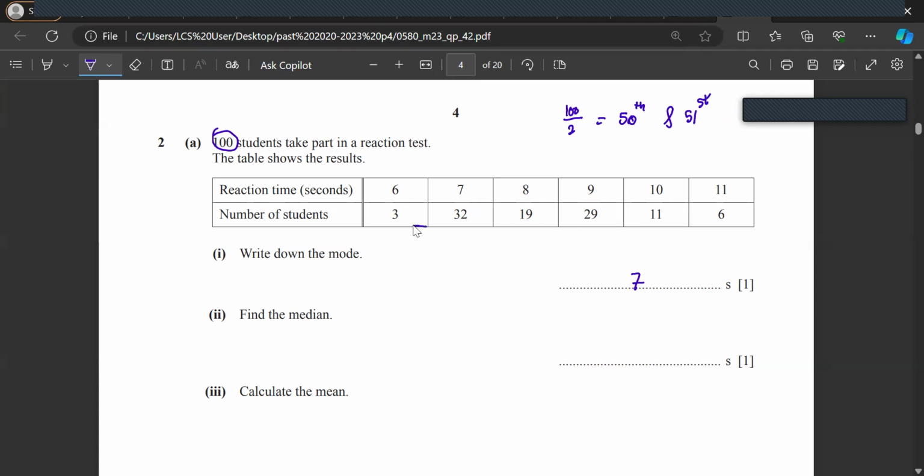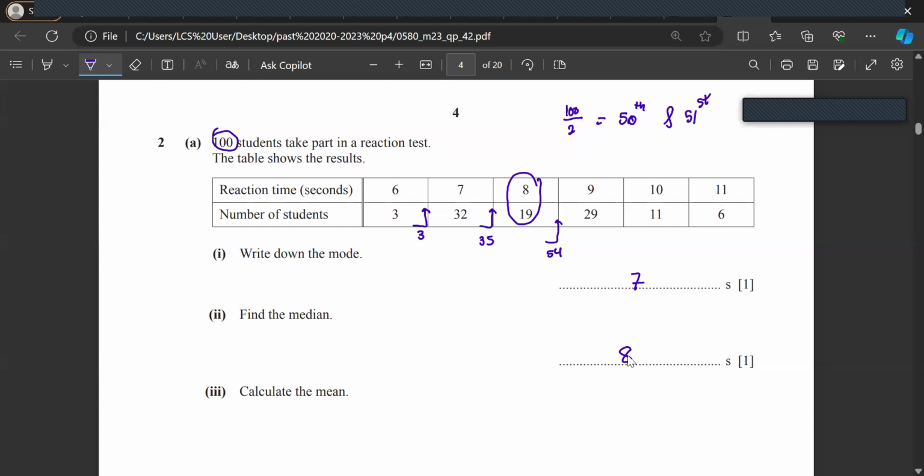Till here is 3, till here is 35, then till here is 54. So the 50th and 51st lie in this slot. So the median equals 8. Who didn't get it? Done?